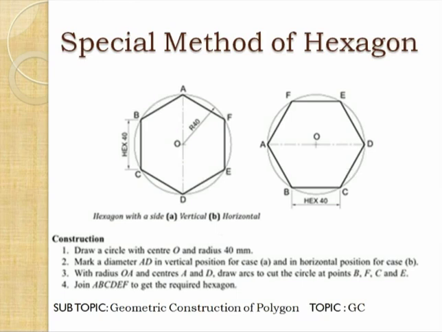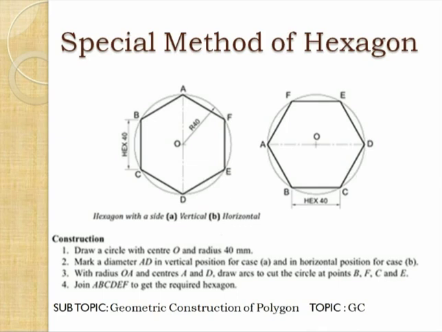So in the first figure we have drawn the hexagon having parallel sides vertical. In the second figure we have drawn the hexagon when two parallel sides of the hexagon are horizontal.